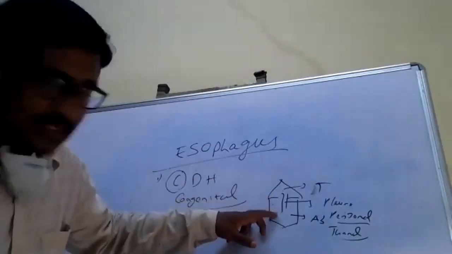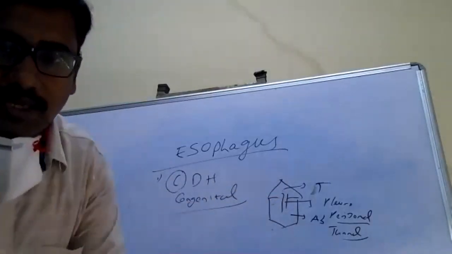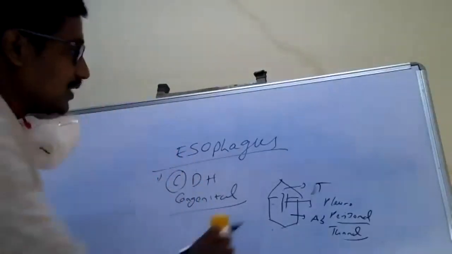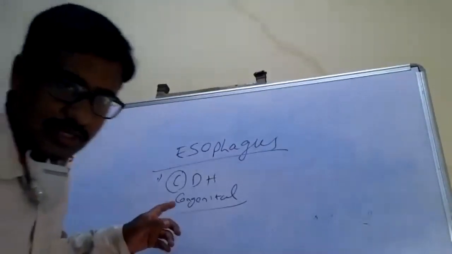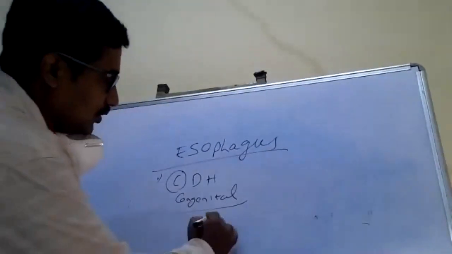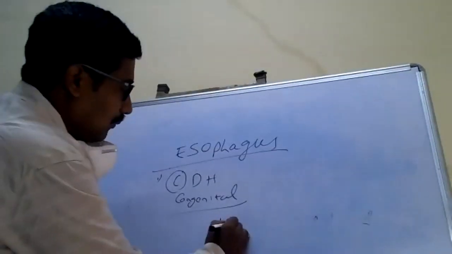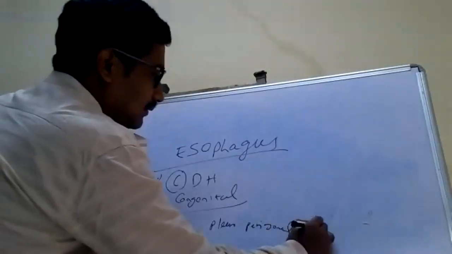They herniate from the abdomen into the thorax. So congenital diaphragmatic hernia is due to herniation of the abdominal contents through the pleuroperitoneal tunnel.